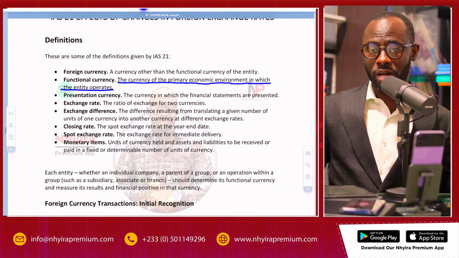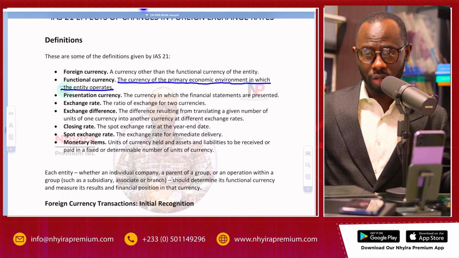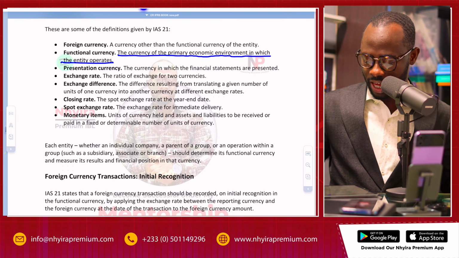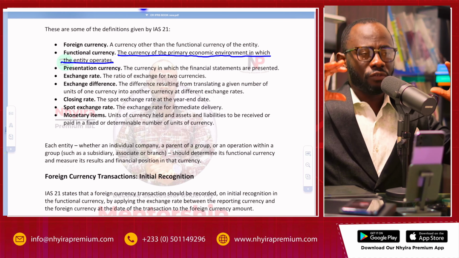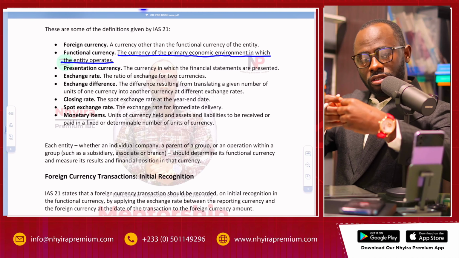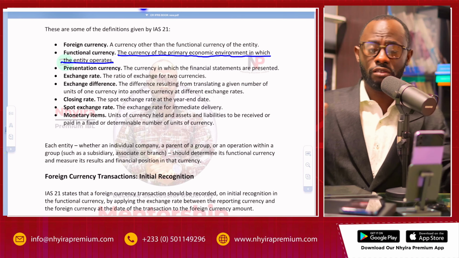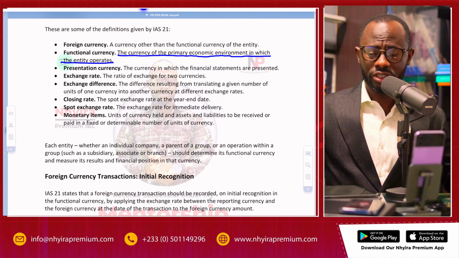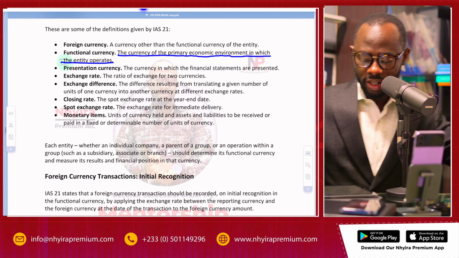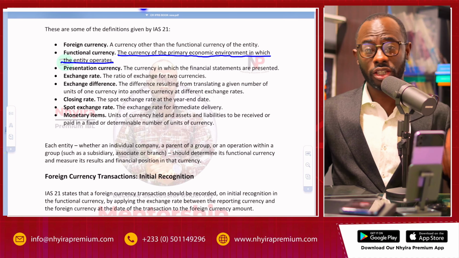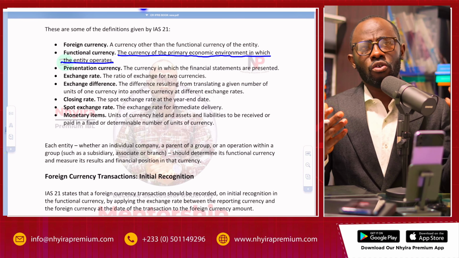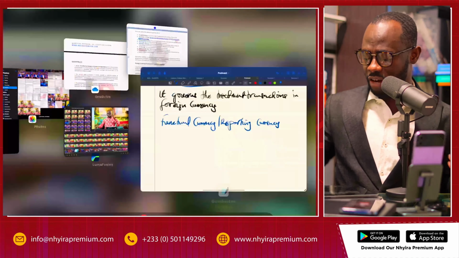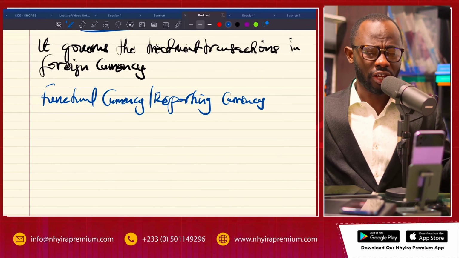And I'm coming in from our corporate reporting or financial reporting book that we have. That is where I am coming in from in this slide for my presentation. So if IAS 21 is governing the treatment of transactions denominated in a foreign currency, the question we ask ourselves is, what is the functional currency? It is the currency of the primary economic environment in which the entity operates. So how do we know the functional currency or the reporting currency of an entity?